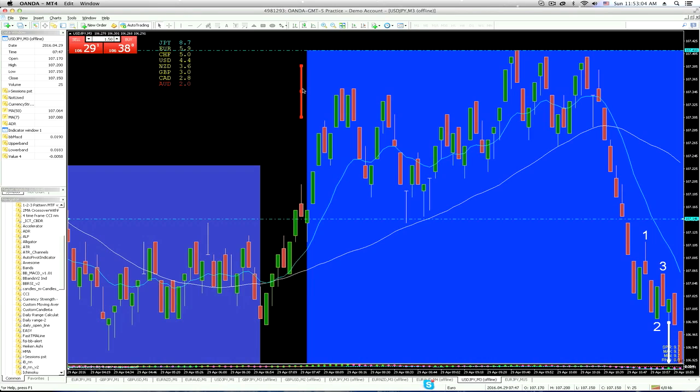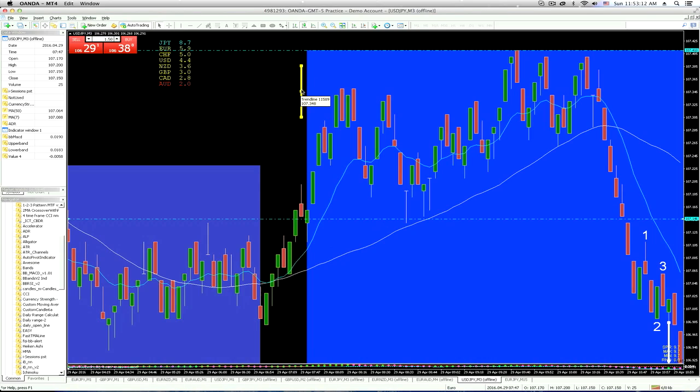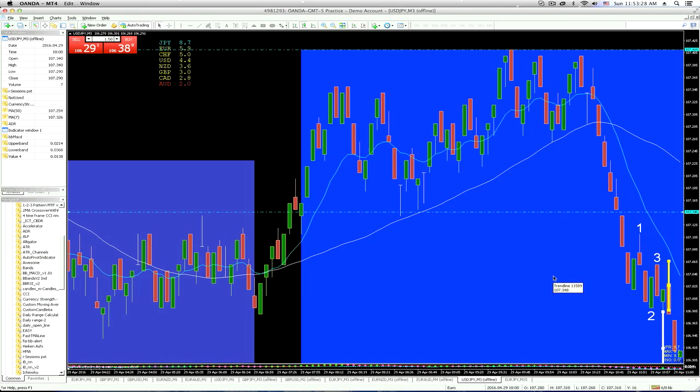And my stop, let's change this color too, so it's easier to distinguish. Okay. And so then my stop from this entry is going to be right at this level up here. That includes the spread. Both of these include the spread.